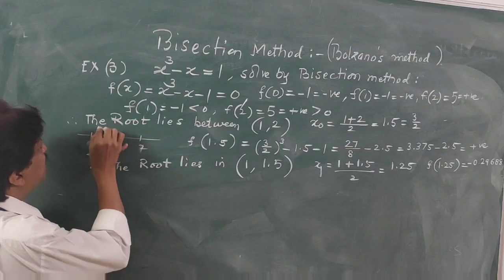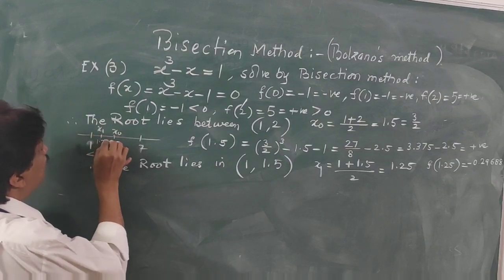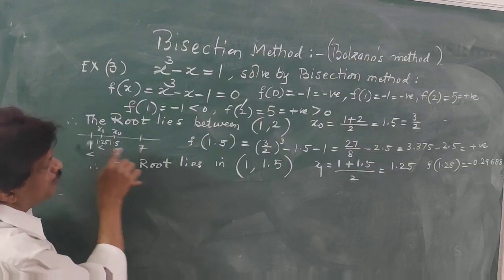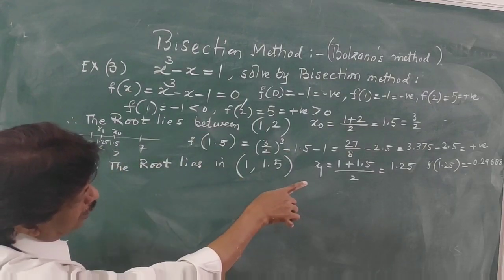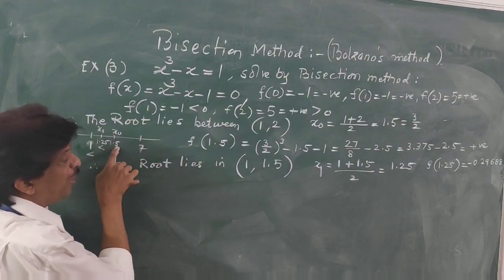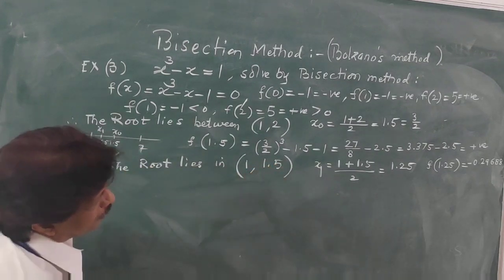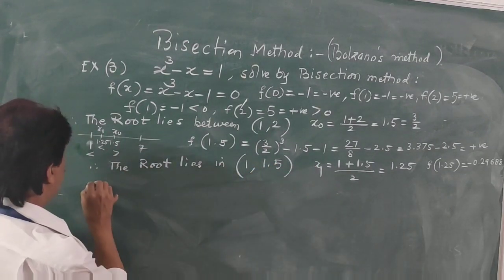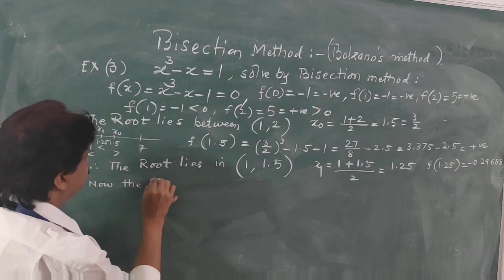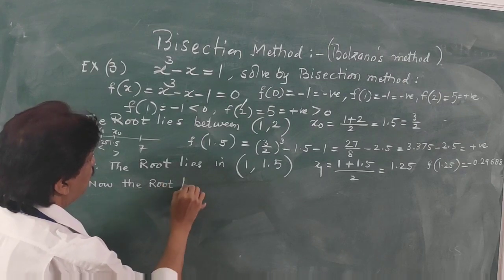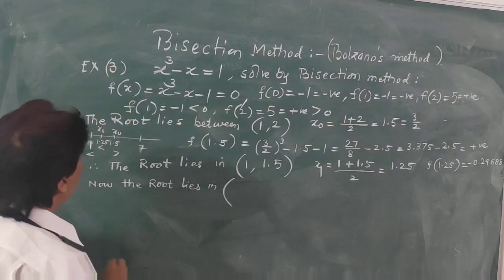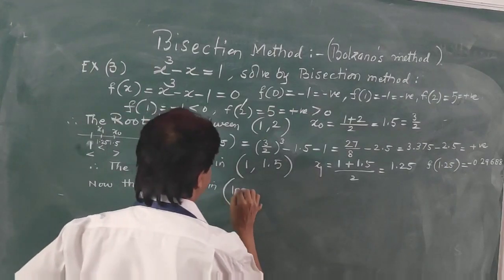x1 is 1.25. This is negative. F value of x1 is minus 0.29688. For 1.5, we have just seen it is positive. So now the root lies in 1.25 and 1.5.